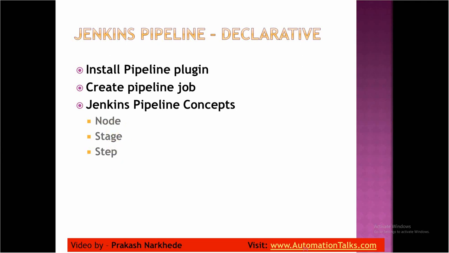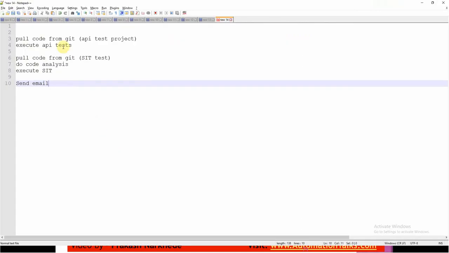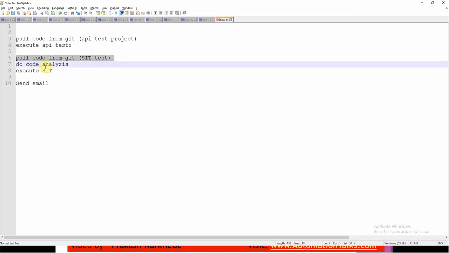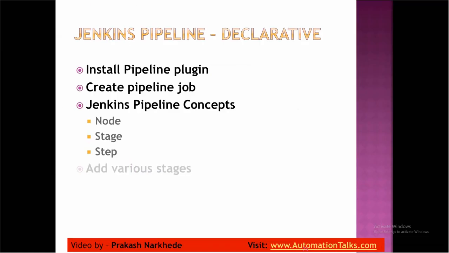A stage is a container which contains a series of steps in a pipeline, for example build, test, and deploy processes. Based on your need, whatever stages you have. Let us say this is my stage, this is my stage, this is my stage. Once I start writing the code, you will understand better.